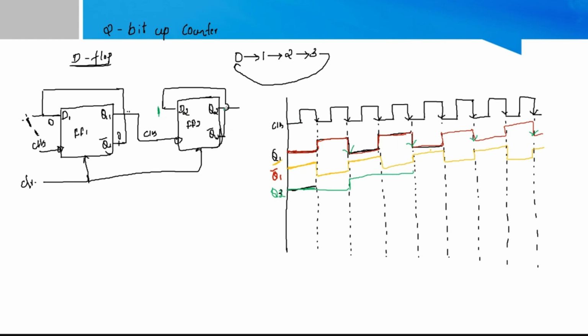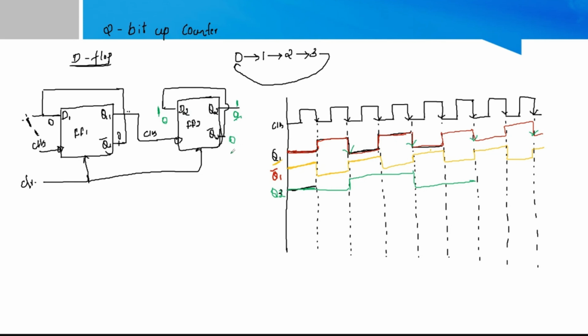For the next falling edge, the D2 is connected to Q2 bar. It is 1, so it will be 0. So for the next falling edge of the clock, the input will be 0. Input is 0, output will be 0, till the next falling edge of the clock.